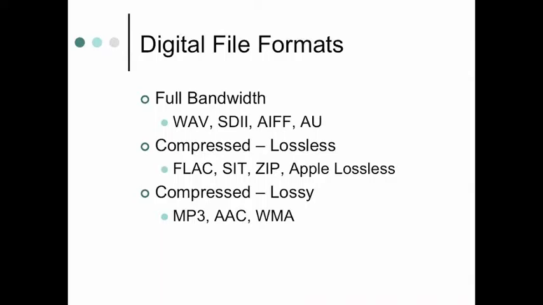The WMA is the counterpoint to the AAC file. AAC is more of a Mac-centered compression, where WMA is more of a PC kind of format. So once a file is changed into one of those formats, like an MP3, it can never be brought back to full quality. But if you compress in a lossless way, it can be brought back to full quality.